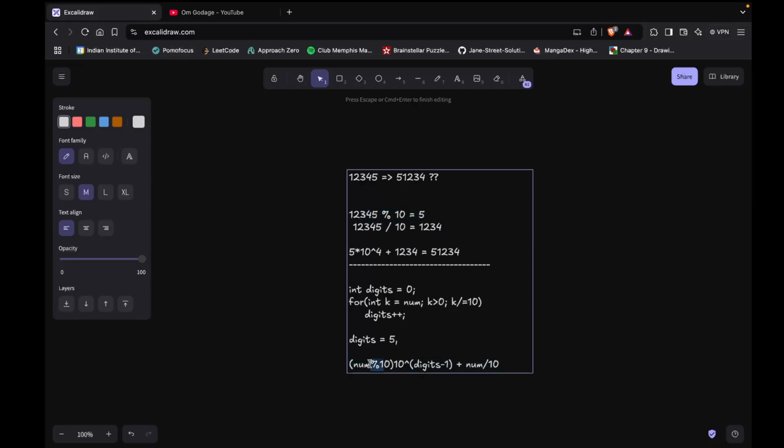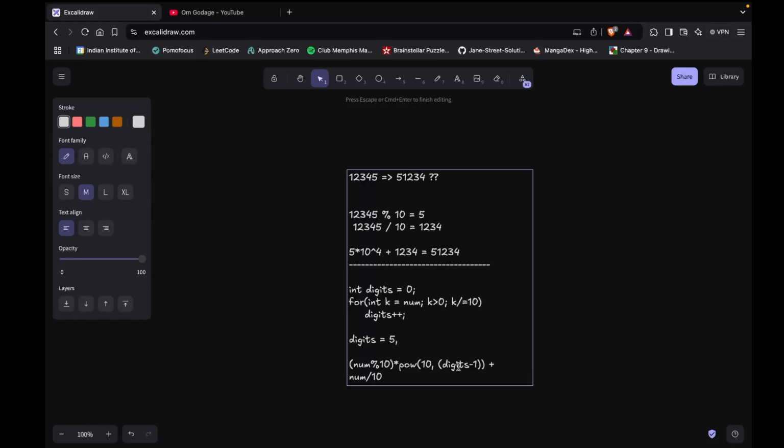So num percent 10 is just the last digit of the number, and num by 10 is everything except the last digit that's over here. And then you multiply this with 10 raised to digits minus 1. Don't use this, it is the XOR operator in C++.